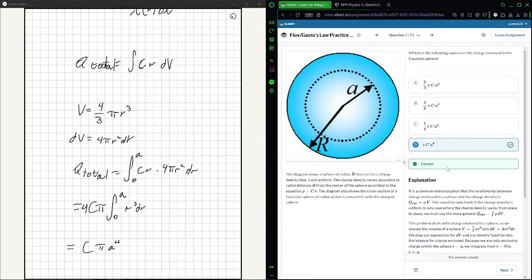The explanation says it's the cross section of the sphere up to radius A, so the charge enclosed is that. The actual sphere itself is big R, but that's not relevant to this question. It could be in other questions though. You always use little r for the Gaussian sphere, and whatever they give you for the actual sphere.